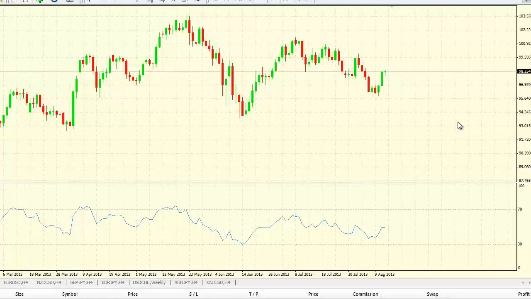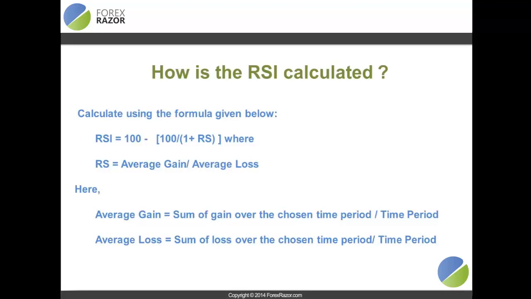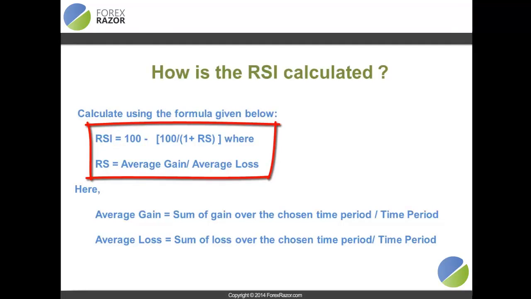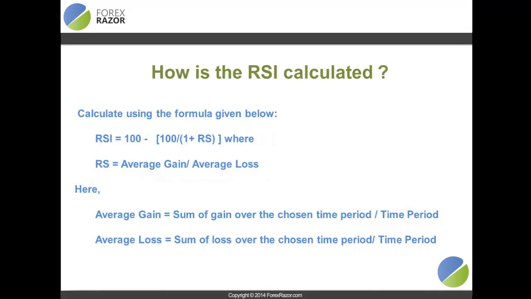Let's now have a look at how the value of the RSI, which is plotted onto this chart, is calculated. The formula used to calculate the value of RSI is as given. RSI is equal to 100 minus 100 over 1 plus RS, where RS is the ratio of the average gain to the average loss.